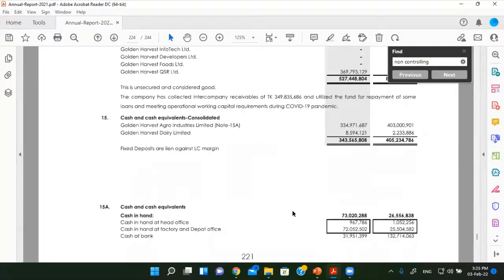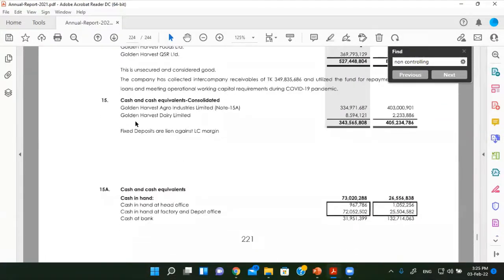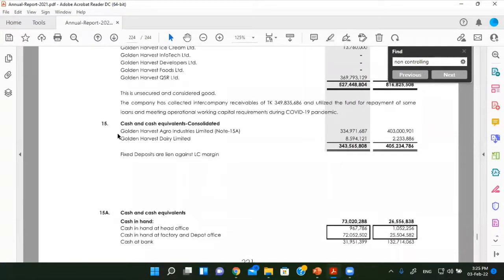What are the details they have provided? They have provided a breakdown based on their companies. It is the parent company, Golden Harvest Agro Industries Limited, and Golden Harvest Dairy is a subsidiary of this company. And these are the breakdown based on the cash held by these two companies separately.